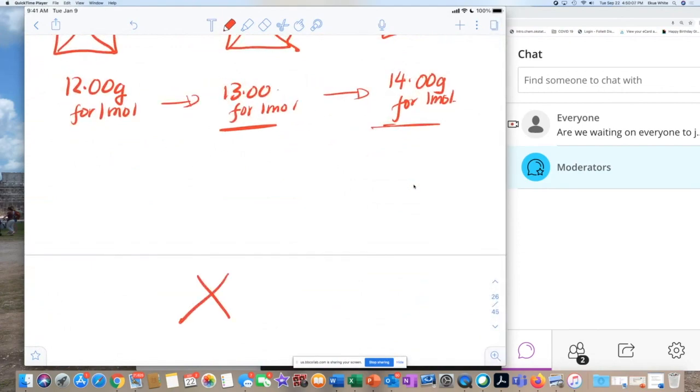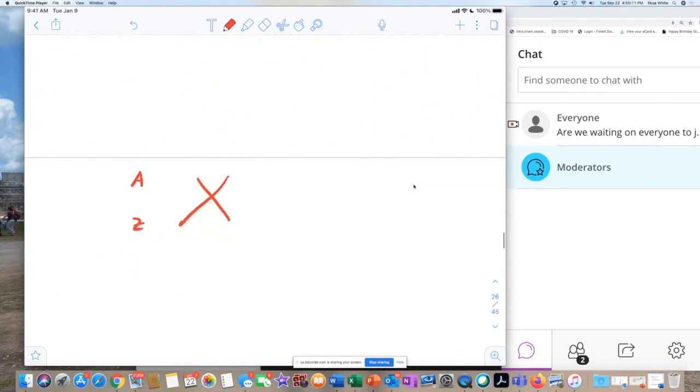So we have X, we have A, we have Z. Z is the atomic number. Make sure you have all these different names, right? Atomic number, also known as number of protons.